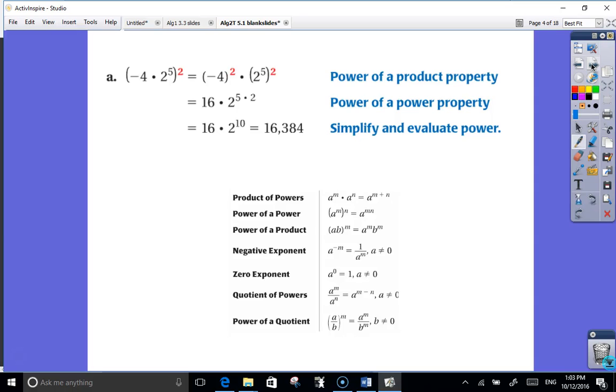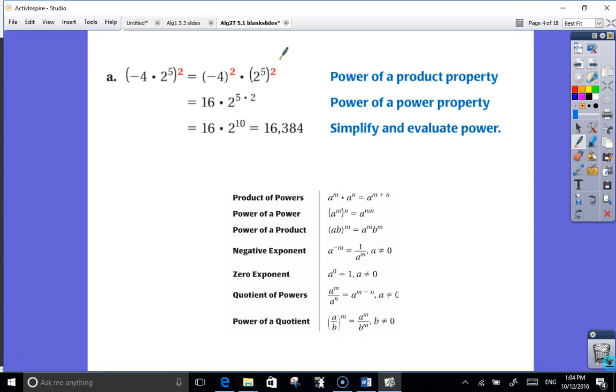So notice the first step. Because you had parentheses and an exponent outside of parentheses, they distributed the 2. So negative 4 squared times 2 to the 5th squared. Now the negative 4 squared, that you can calculate, right? That's 16. But 2 to the 5th squared, you need another property. How do you simplify raising a power to a power?